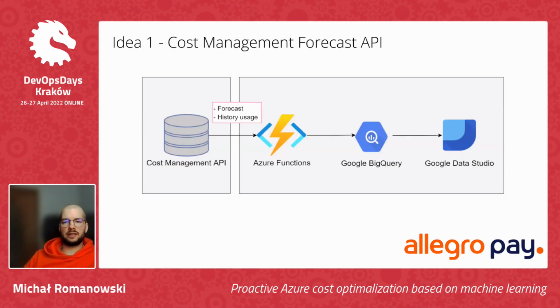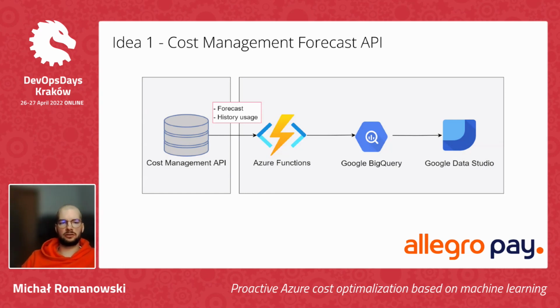As you may know, besides the historical cost usage data, Microsoft also provides a basic forecasting for your resources. The first idea is about gathering that forecast using the existing technology stack.